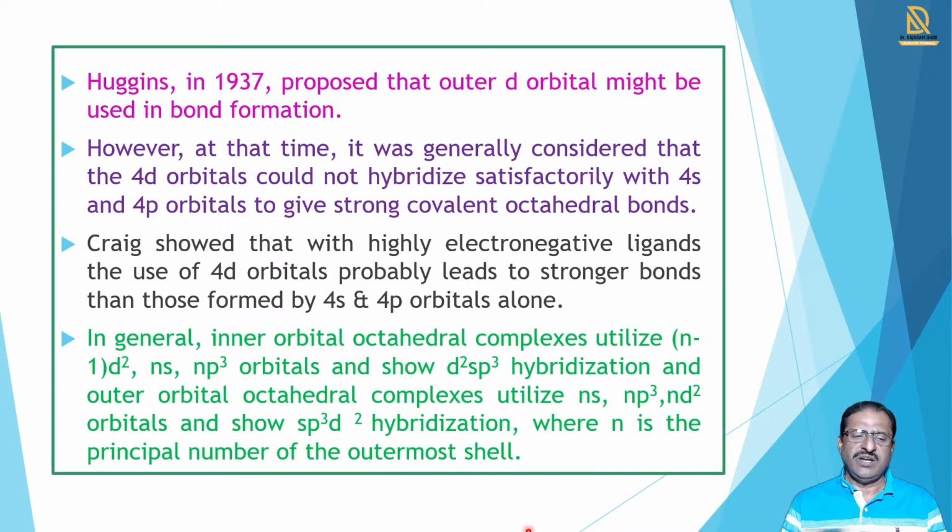On the other side, outer orbital complexes utilize the ns orbital, np3 orbitals and nd2 orbitals and show sp3d2 hybridization. So this sp3d2 hybridization forms outer orbital complexes. Here n means nth shell.